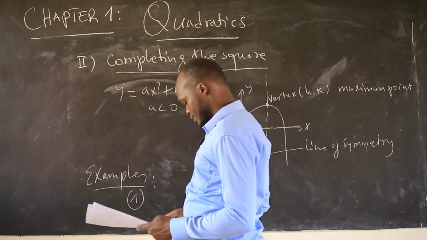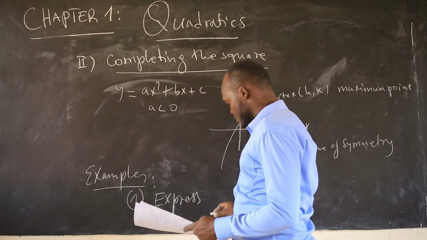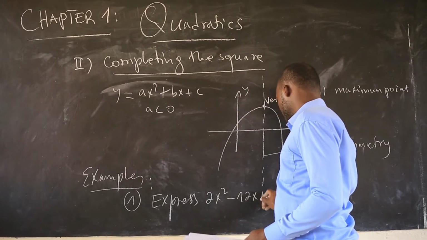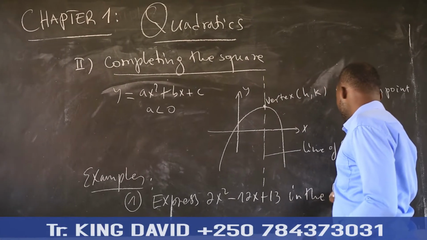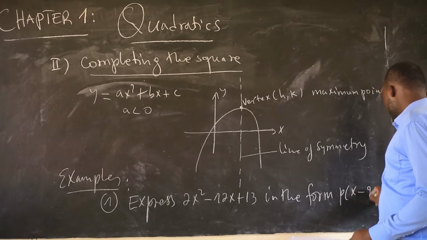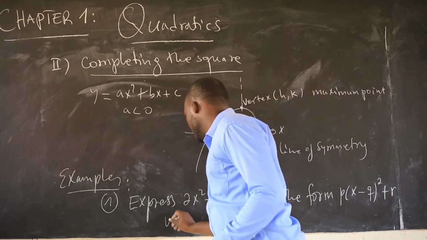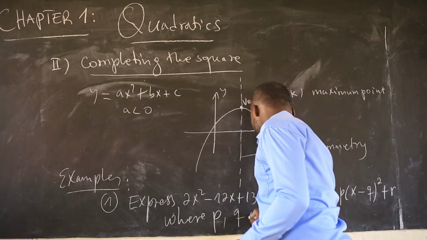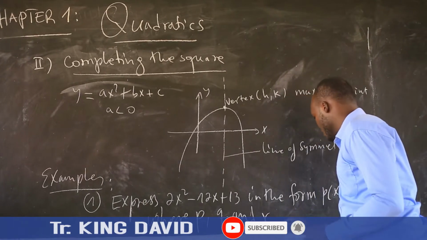It is saying express 2x squared minus 12x plus 13 in the form p(x minus q) squared plus r, where p, q, and r are constants to be found.